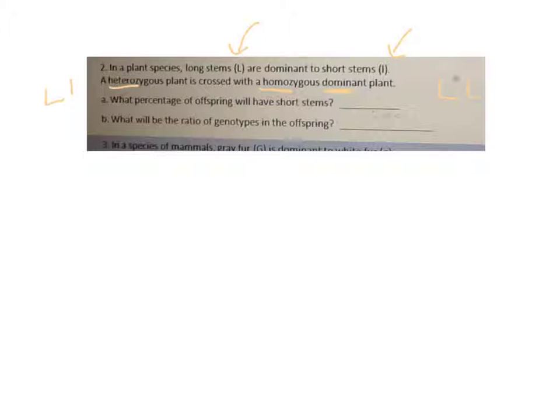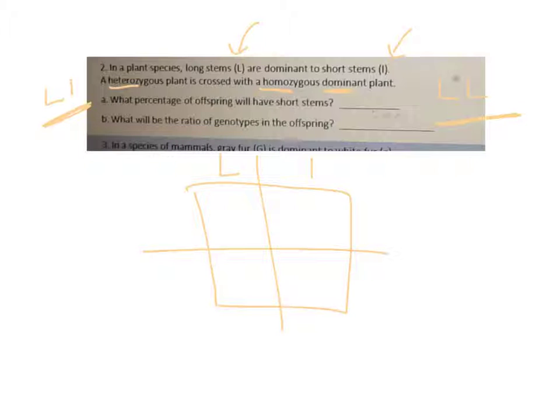So big L, okay? Now all you're going to do is draw your Punnett square. You're going to put this one on one side and this one on the other side. You're going to cross it like a multiplication chart. Bring it over and down. Big L, big L, little, big, big, little.